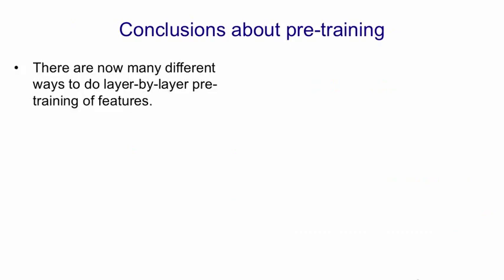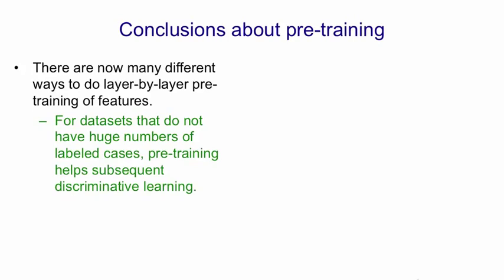I want to finish by summarizing my current view of pre-training. There are now many different ways to do layer-by-layer pre-training that discovers good features. When our dataset does not have a huge number of labels, this way of discovering features before you ever use the labels is very helpful for the subsequent discriminative fine-tuning.